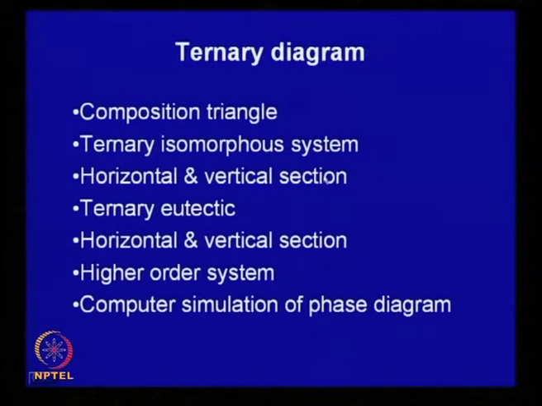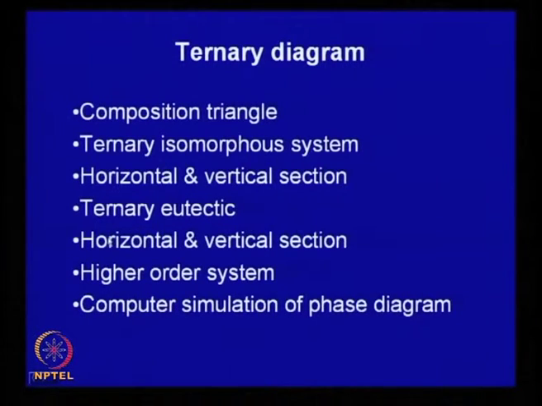We will look at some 2D representations of the ternary diagram, done through different sections like horizontal and vertical sections. We will look at one ternary system where we have a eutectic reaction, or ternary eutectic.